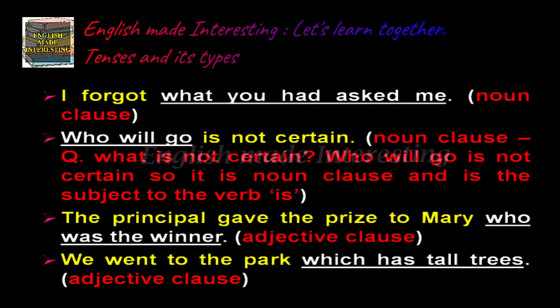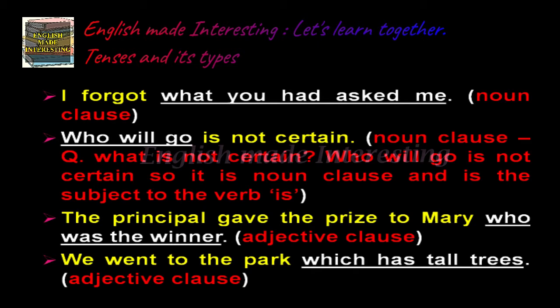Is the helping verb. The principal gave the prize to Mary, who was the winner. Who was the winner is the clause, and it is an adjective clause. It's talking about Mary. We went to the park which has tall trees. Which has tall trees is the clause, and it is an adjective clause.